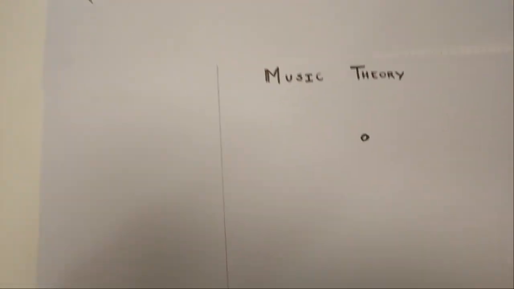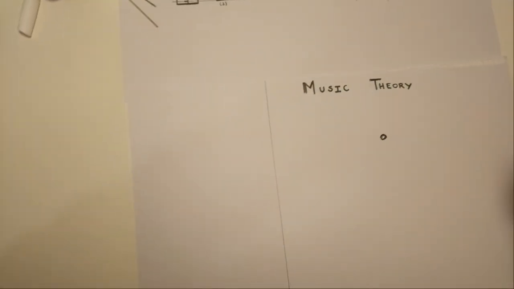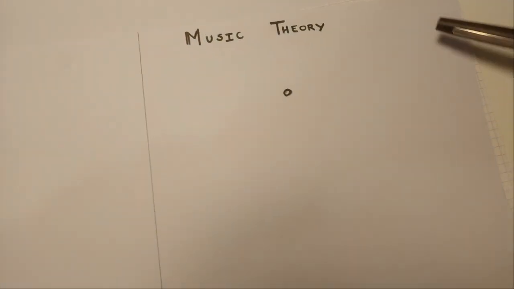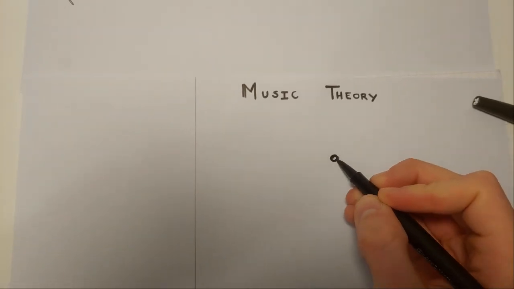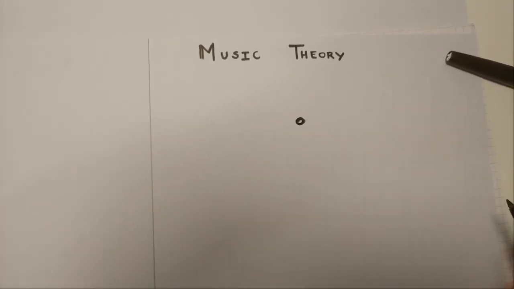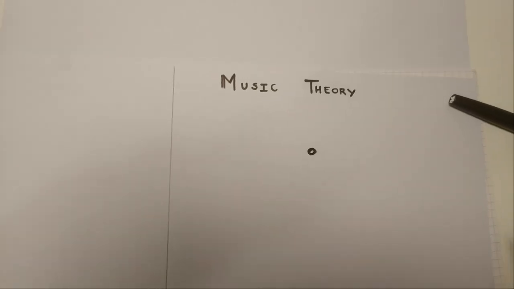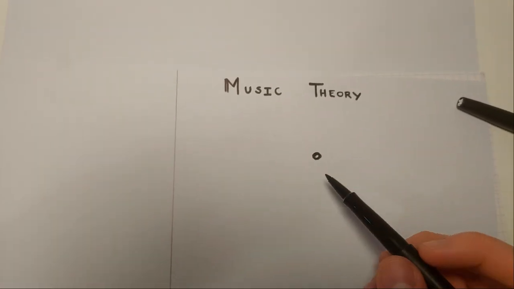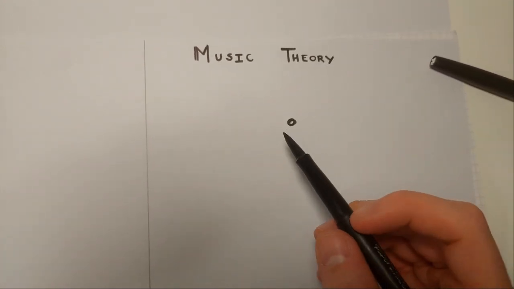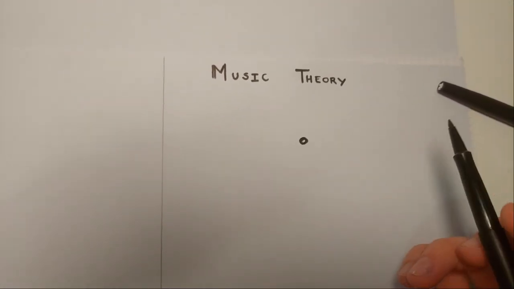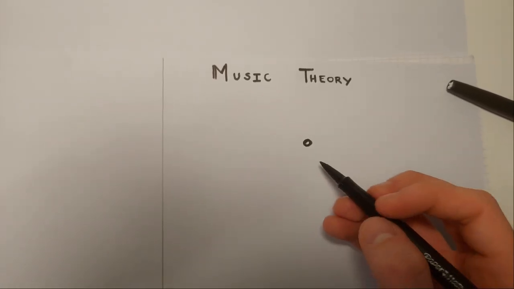I don't know where I put it. Oh, it's here. Okay, so we have this sort of circle shape, which is called a semibreve. In Britain, it's called a semibreve, and in the US, it's called a whole note.